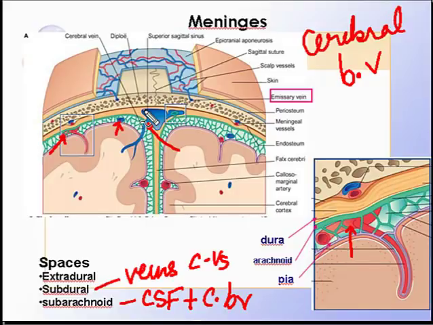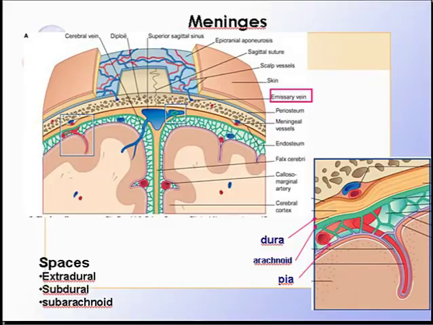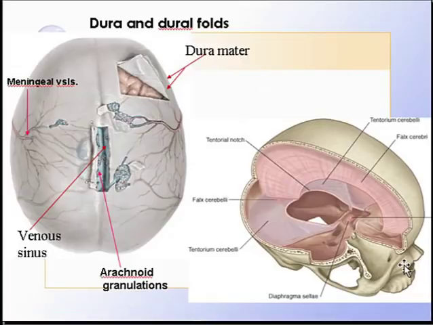Now let's examine the dura mater in a little more detail. Here we are looking at the dura mater, and here you can see the two layers up here. These two layers are not easily separated, or rather you can't separate them in most parts of the brain, and the only place you can separate them is where those venous sinuses are present.